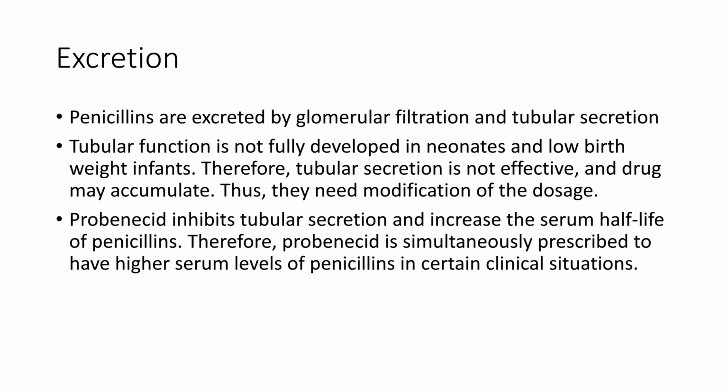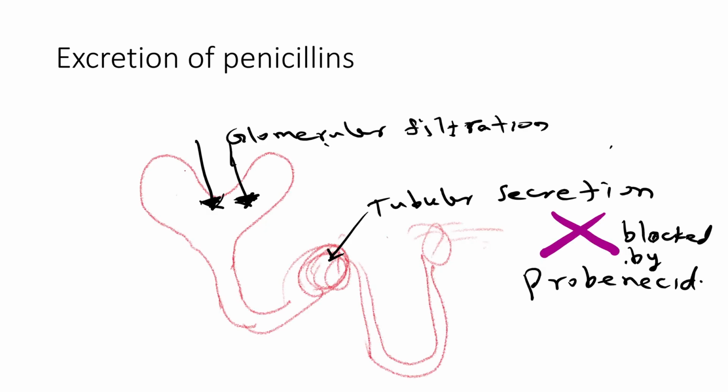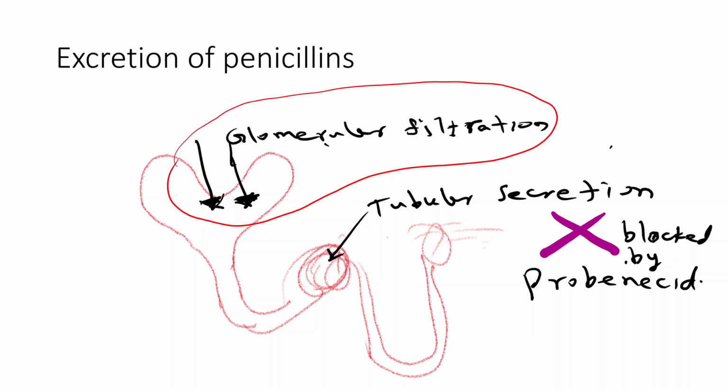So we'll talk about the excretion of penicillins. Penicillins are excreted by glomerular filtration and tubular secretion. Look at this picture. Penicillins are mainly excreted by glomerular filtration, that's why I put 2 arrows, and then there is tubular secretion with just 1 arrow, but it's an important secretion.